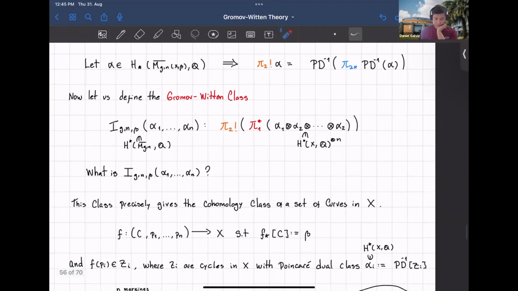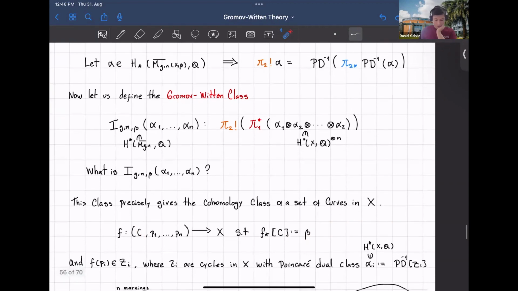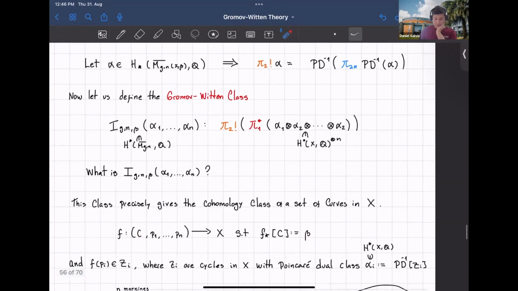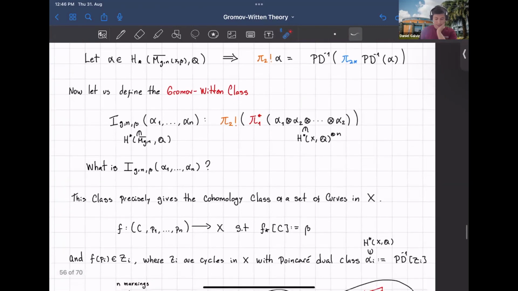So you have X, and you have a map that takes the curve with n marked points to our ambient variety, such that you keep the fundamental class fixed. Remember, this is H2 of X over the rational numbers; in reference, consider over the integers, but in a more general case.